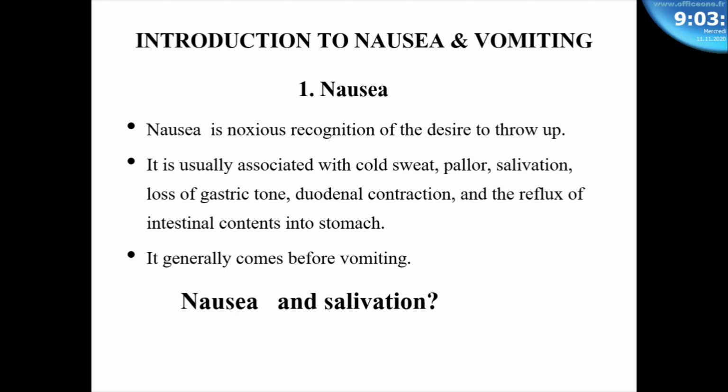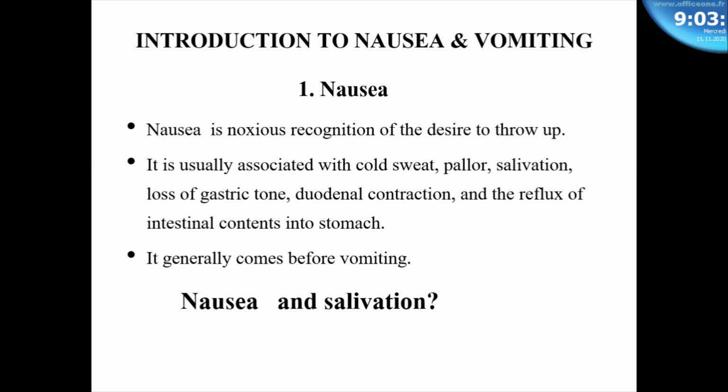When you are nauseated, of course, you are unpleasant, you are uncomfortable, you are not in a good situation at all. But that does not make nausea something bad in total. Why?